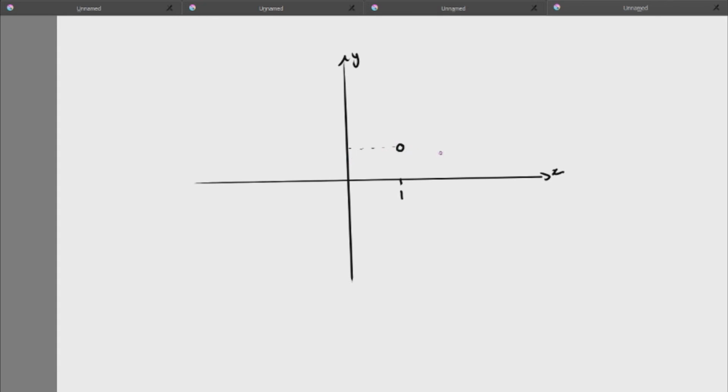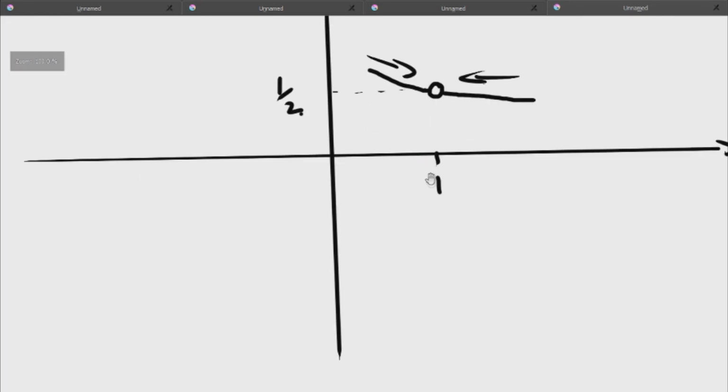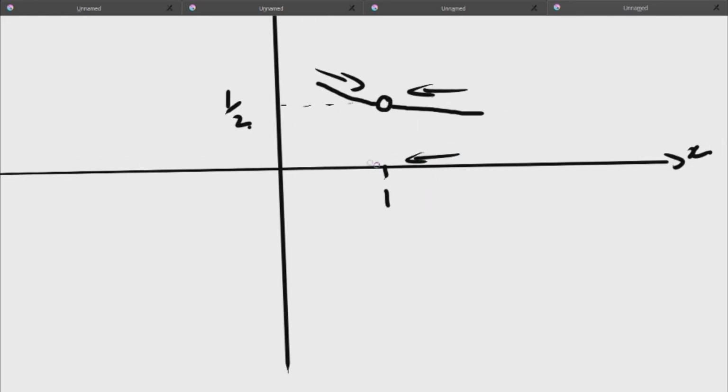Yet I can travel along towards that, closer and closer to 1, and it will tell me, yeah, I'm approaching 1/2. I can't actually be at 1. But as I'm walking towards 1, there's a graph, everything's good, it's defined. I'm getting as close as I want to 1. I just can't get there. I can't stand on 1.